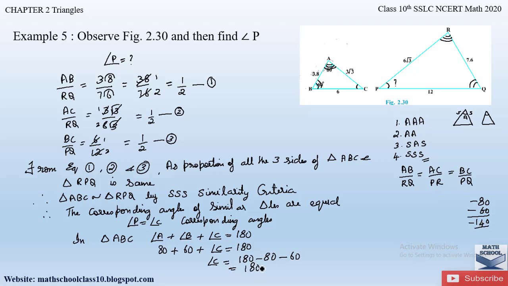So 180 minus 140. So what is 180 minus 140? That is nothing but angle C will be equal to 40 degrees, right? Now since the angle P is equal to angle C and angle C we have found out that is equal to 40 degrees. Therefore we can say that angle P is also equal to 40 degrees. Right, this is what we had to find out in our question. Okay, so we had to find out the angle P value, which is equal to 40 degrees.